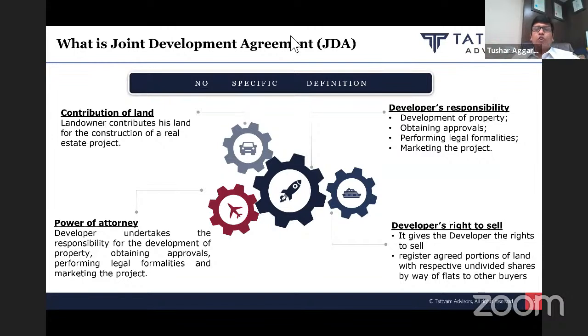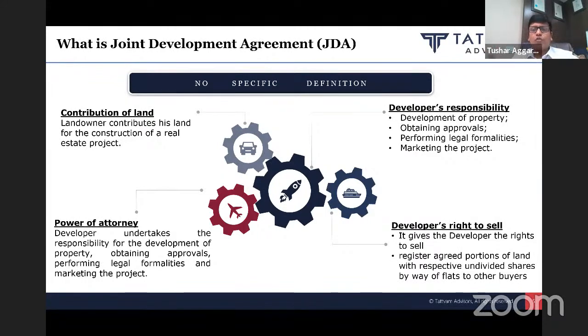Whenever we read a joint development agreement, you will see the role and obligation of the landowner is limited to the landowner's contribution, and the role and obligation of the developer is to undertake construction, perform legal formalities, market the project, and sell the project. These are the activities which the developers undertake. And then whenever the building is constructed, they either share the area.